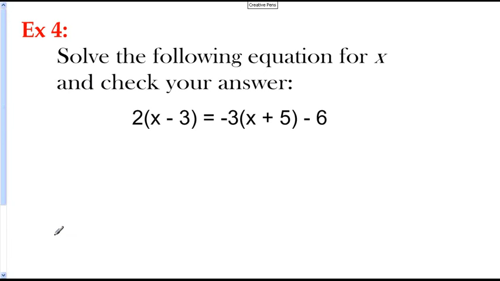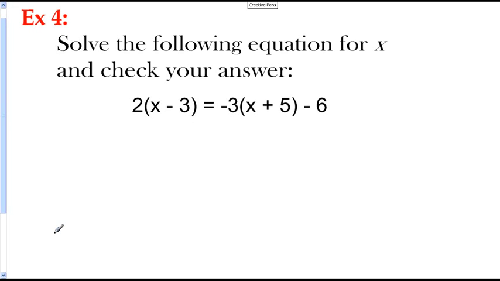Okay, next one. Let's solve this one for x and check our answer. So here we have a little bit more expansion. We have to distribute the 2 times x and the 2 times minus 3. So we get 2x minus 6 equals minus 3x.